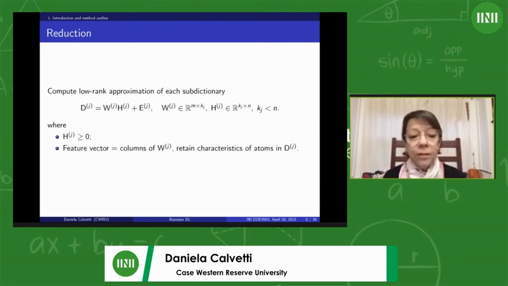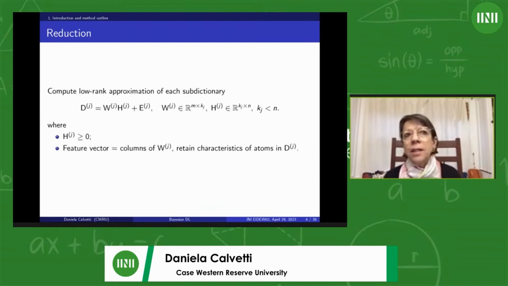Phase 2, we take each subdictionary, and this can be done conveniently, independently and simultaneously. We compute low-rank approximations of every subdictionary. Now, the rank kj of the matrices, which is also the number of columns of W, which will be relevant later, is not necessarily the same.